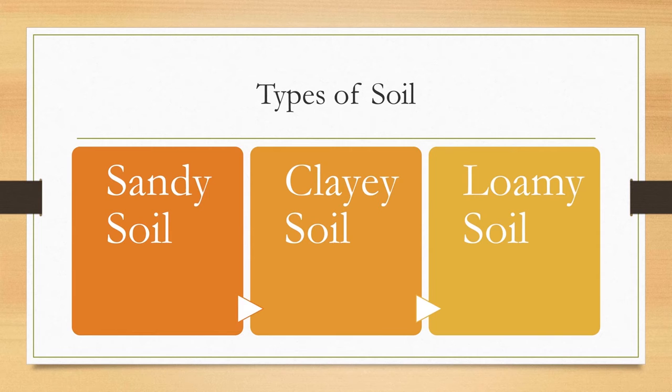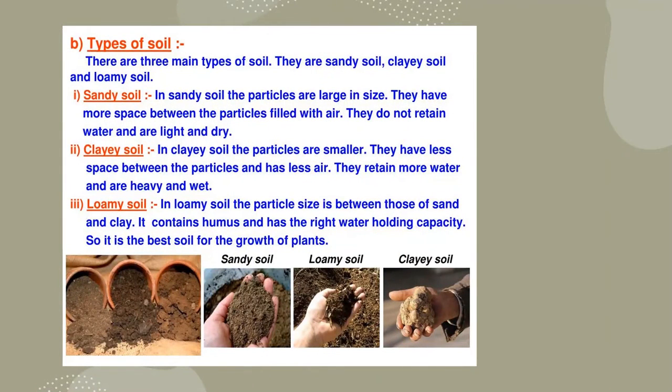Whereas clayey soil, these particles are smaller in size and they have less space between the particles and less air, and they retain more water and are heavy and wet. And loamy soil is the best soil for growth of the plants.